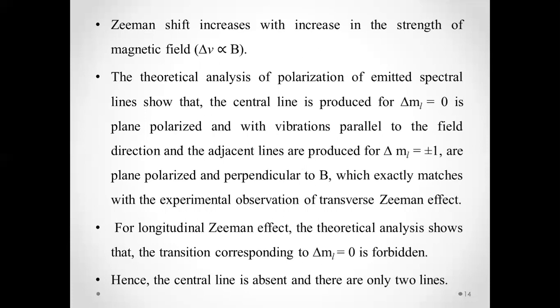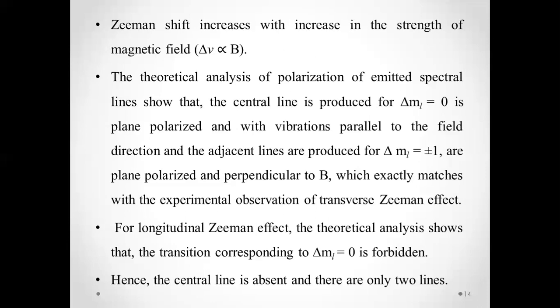The theoretical analysis of polarization of emitted spectral lines shows that the central line, produced for delta ML equal to 0, is plane polarized with vibrations parallel to the field direction, and the adjacent lines, produced for delta ML equal to plus or minus 1, are plane polarized and perpendicular to B, which exactly matches the experimental observation of the transverse Zeeman effect.